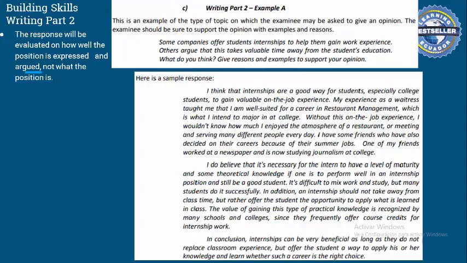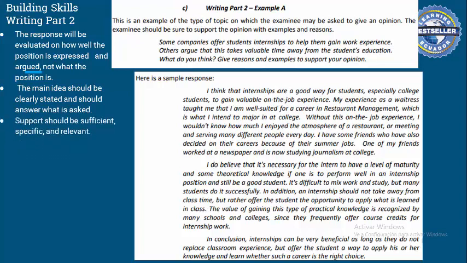Okay, so part 2 assesses your ability to express, develop, and support a position, and to maintain focus, unity, and organization throughout a longer piece of writing. The main idea should be clearly stated and should answer what is asked.